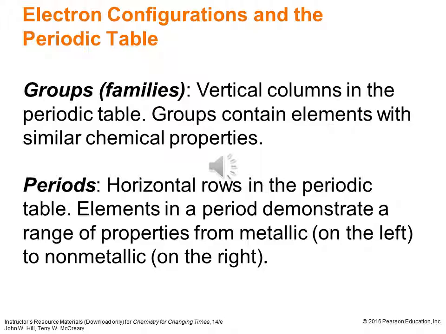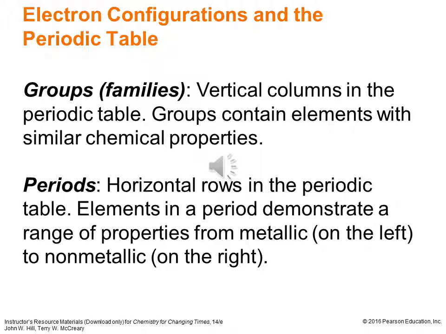Notice that it's not always as you go down a family that you get more reactive. If we look at group 7A or 17, just to the left of the noble gases, they're more reactive as you go up because of the chemistry they do. In the case of the alkali metals, it was losing electrons, so the further the electron was from the nucleus, the more reactive. So potassium was more reactive than sodium.